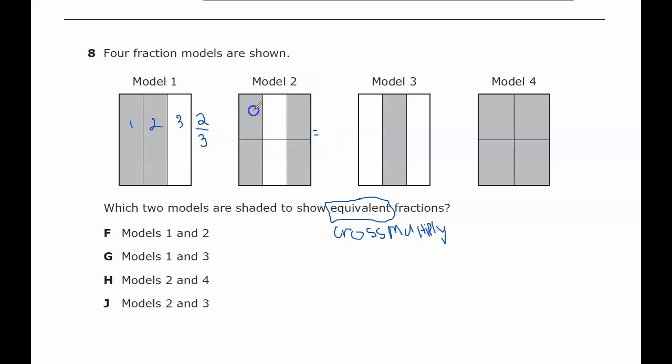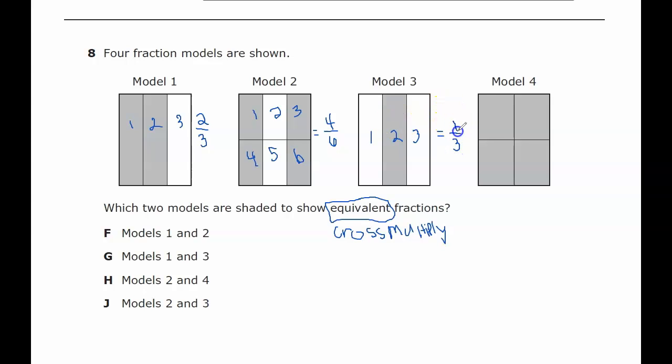Right here I have 1, 2, 3, 4, 5, 6 parts. And 1, 2, 3, 4 of them are shaded. 4/6. In model 3 I have 1, 2, 3 parts.